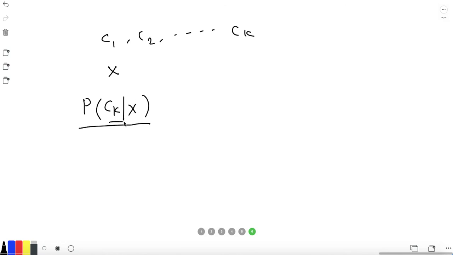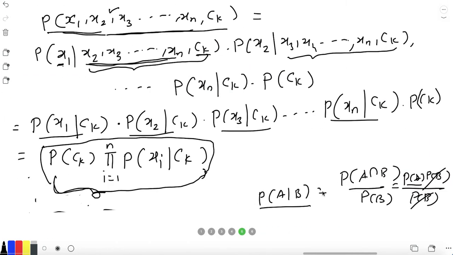For solving this, we used the Bayes theorem. Ultimately, we simplified it further, and we reached a situation where we finally computed probability of Ck into the product of i equal to 1 to n, probability of xi given Ck. Let me show that term here. So this is the term, right?